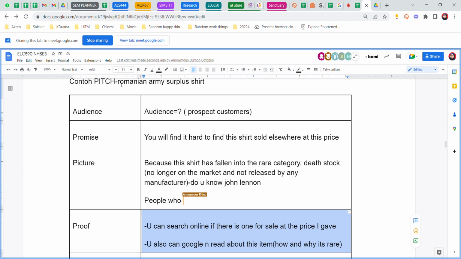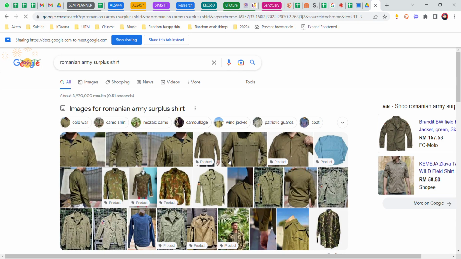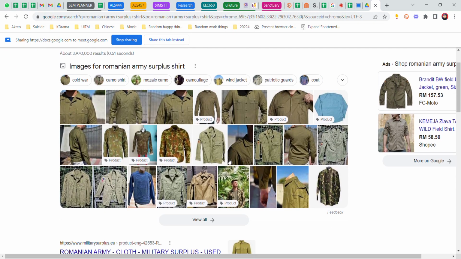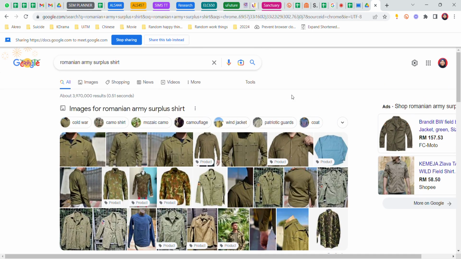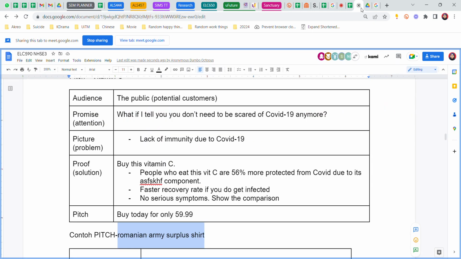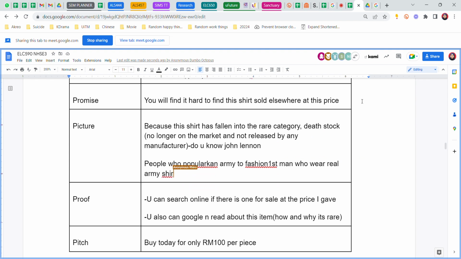Because I'm going to Google this thing. What is a Romanian Army surplus shirt?